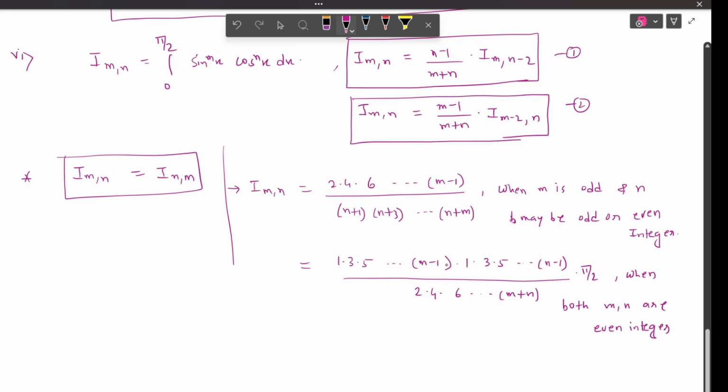If both are even integer, you have to use this formula. If m is an odd integer and n may be even or odd, you can use this formula.